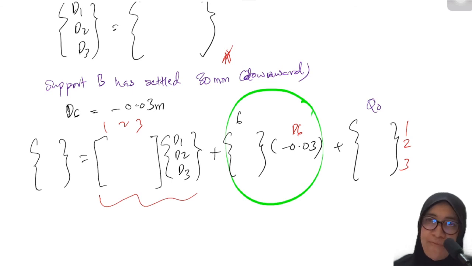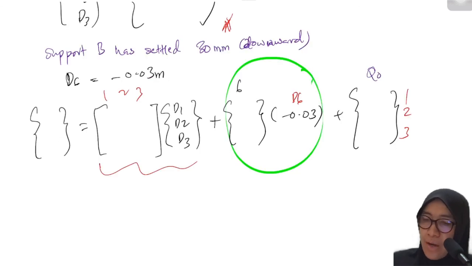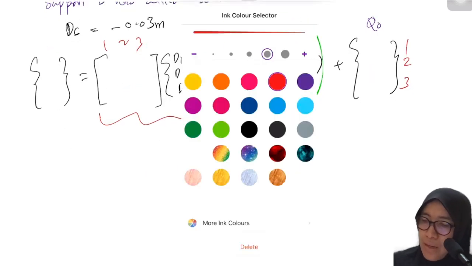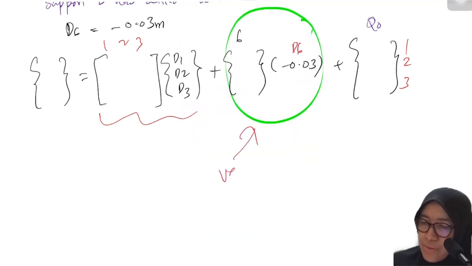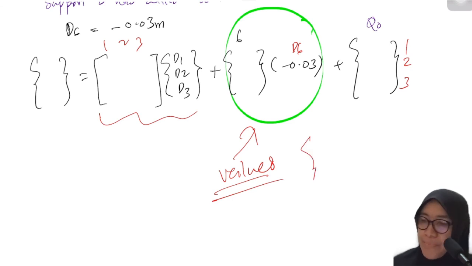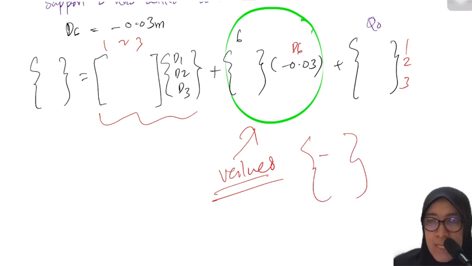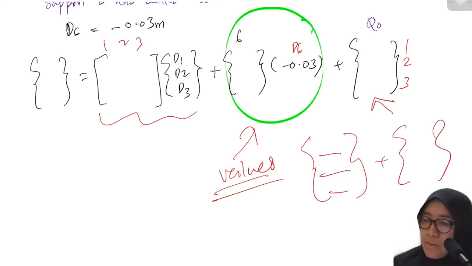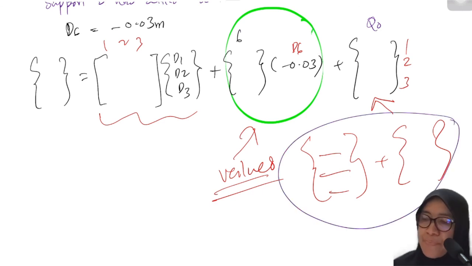So by having this, you will get all these values in this form 1, 2, 3. Then we need to add this, and we get this as one value.